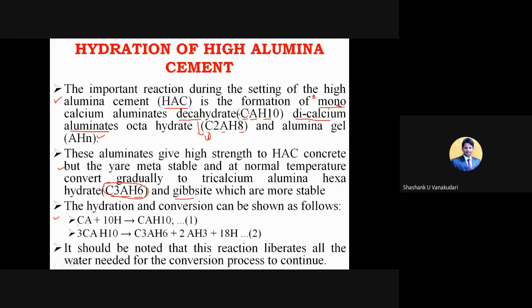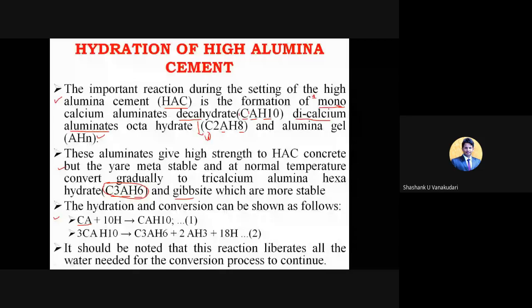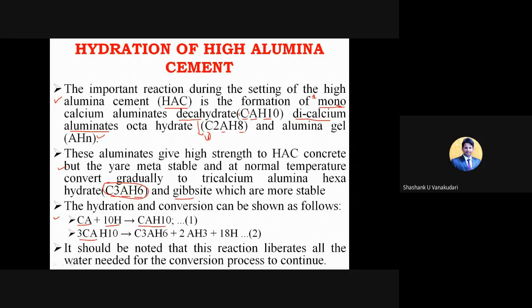So initially the monocalcium aluminate reacts with hydrated compounds with 10, so it is going to form monocalcium aluminate decahydrate, and then tricalcium aluminate, I mean 3 times calcium, and then mono aluminate, which reacts with decahydrated compounds, that is H. It is going to give tricalcium alumina hexahydrate, and then the other compounds like AH3 as well as 18 compounds of hydrations, right?